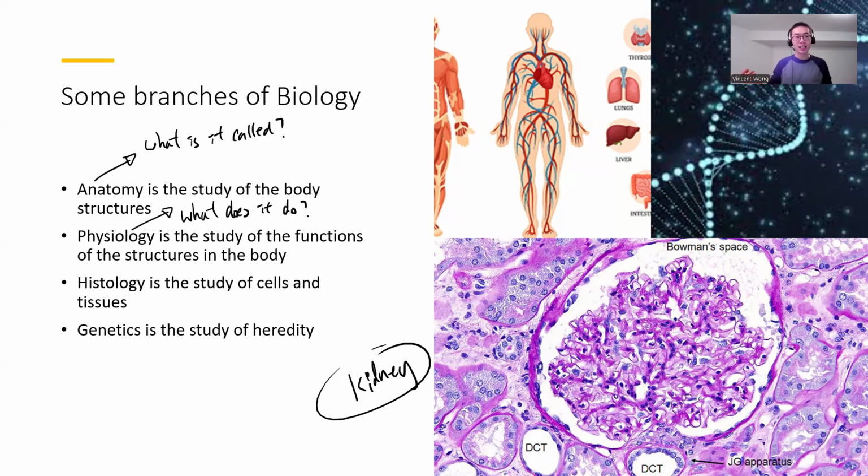You might have heard of that. They take a little sample from your tissue, and then they look at it under the microscope. That's basically histology. By looking at the cellular organization, they are able to tell you whether things are normal or not. We'll do a little bit of histology next semester as well.